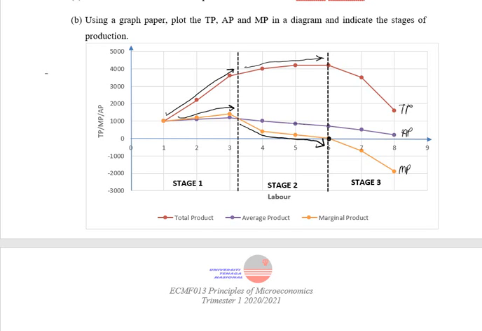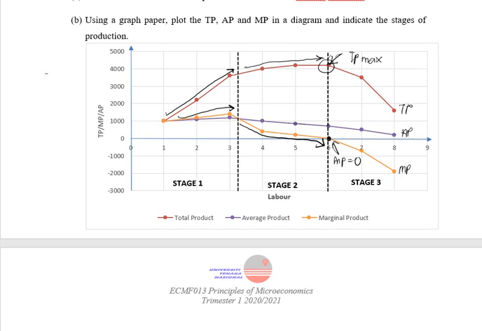And when total product is at maximum, you notice here, your marginal product equals 0.